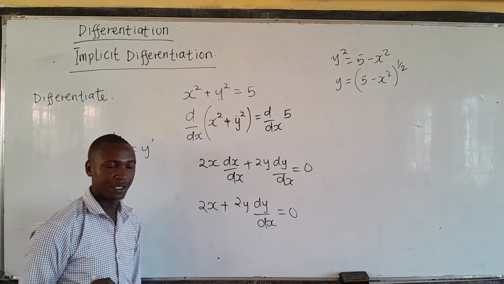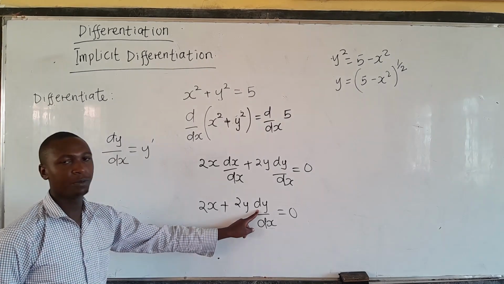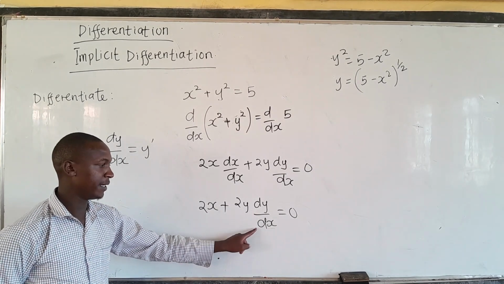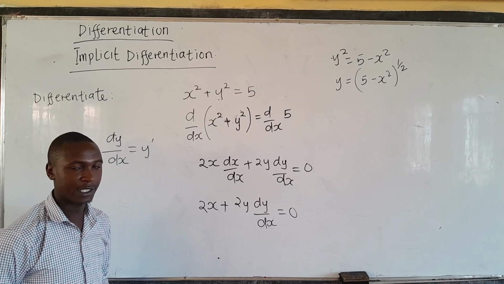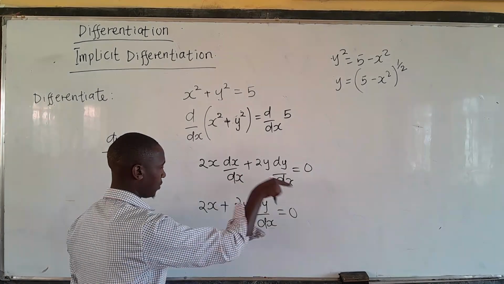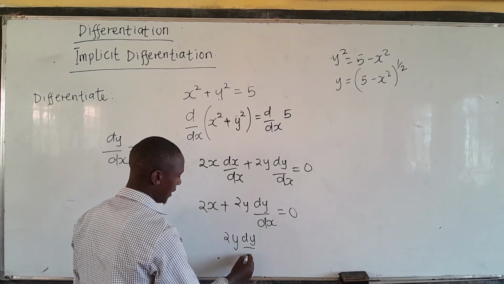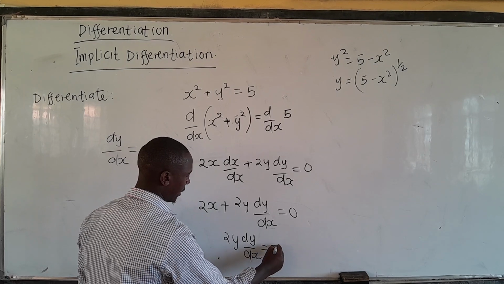Our next task is to make dy over dx the subject of the formula, because the moment we do, dy over dx becomes what we call the first derivative of our function. So let us take 2x to the other side. Then you're going to have 2y dy over dx equals negative 2x.